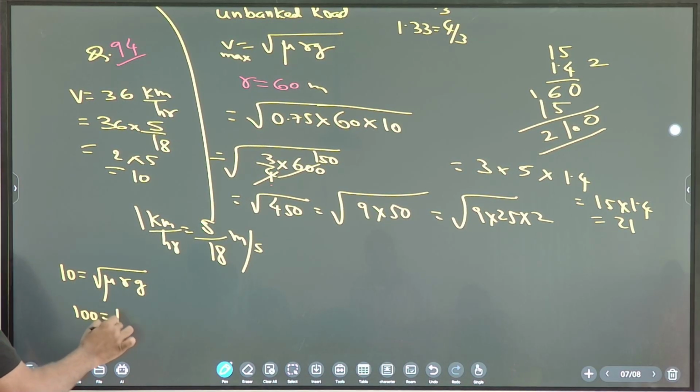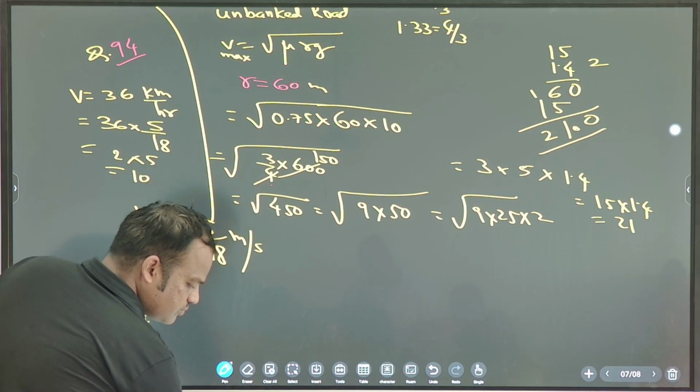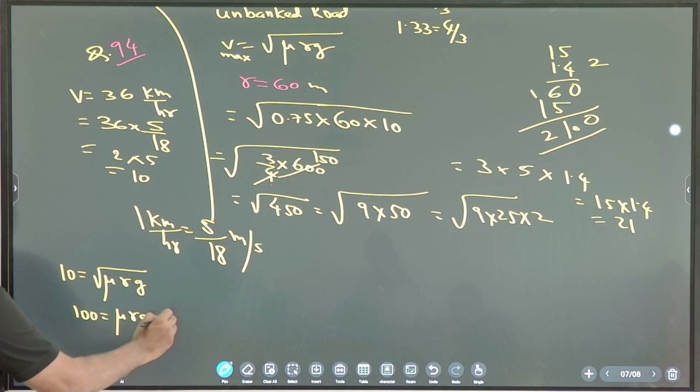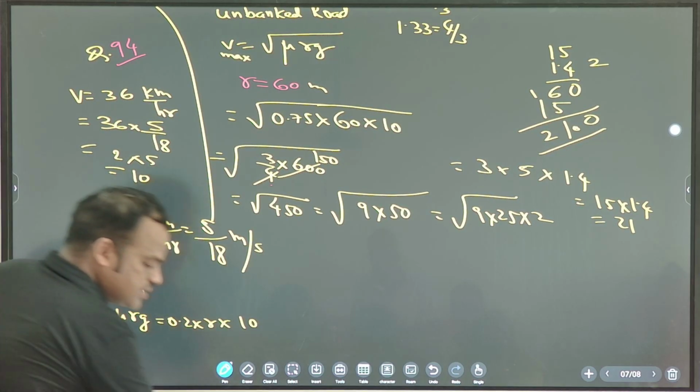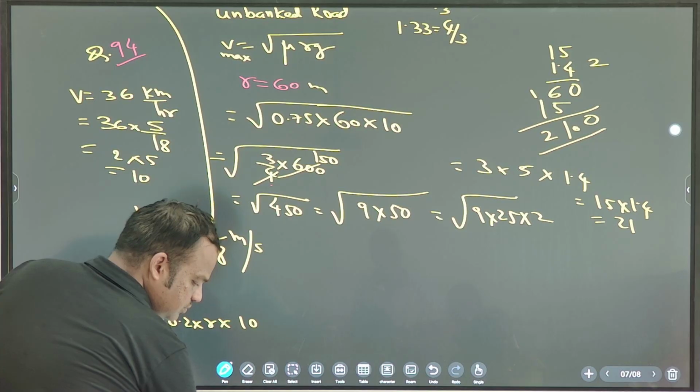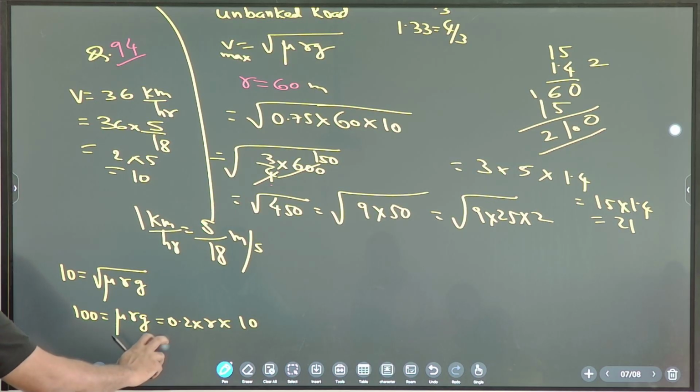So 100 is equal to mu rg. Now is mu given or what? Mu not given. Mu is 0.2. So you have to calculate the radius. Least radius.